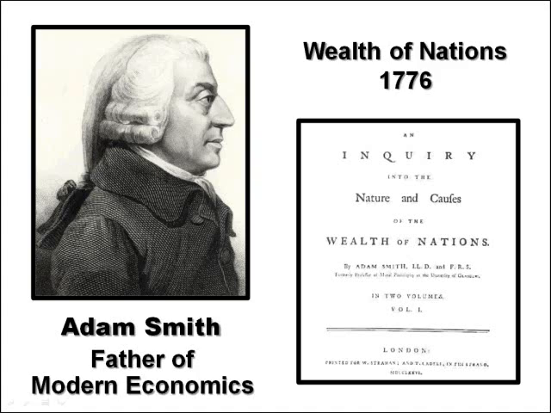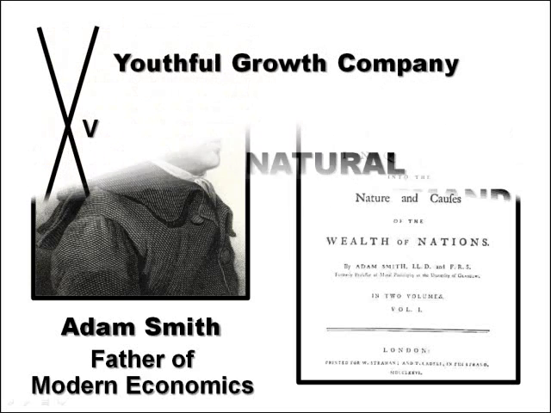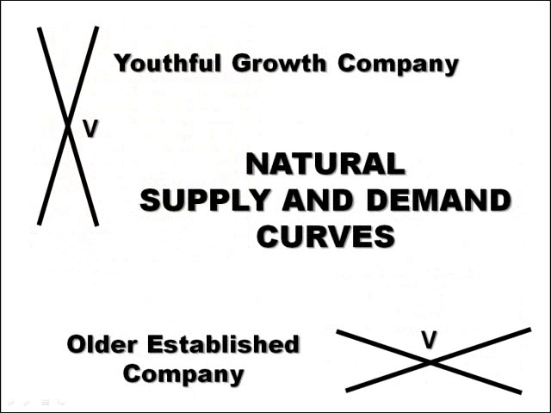So here's Adam Smith, the father of modern economics, The Wealth of Nations, 1776. His little book there, An Inquiry into the Nature and Causes of the Wealth of Nations. So let's go back and look at it.